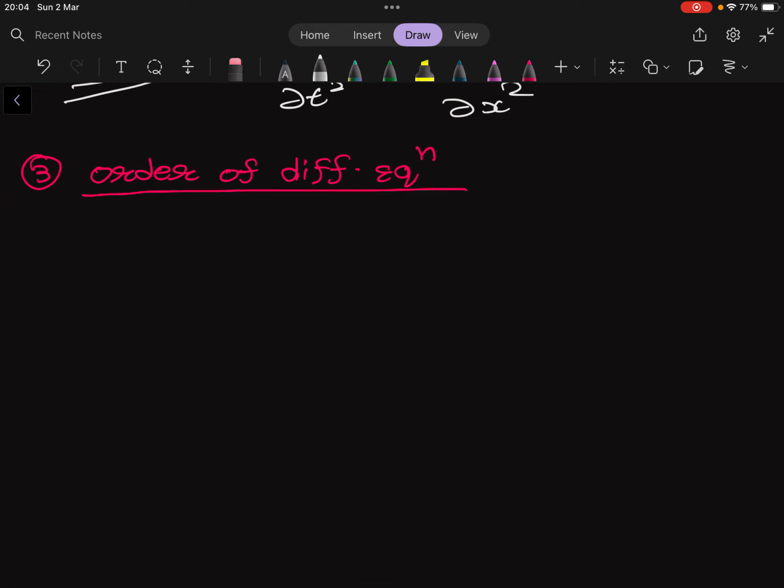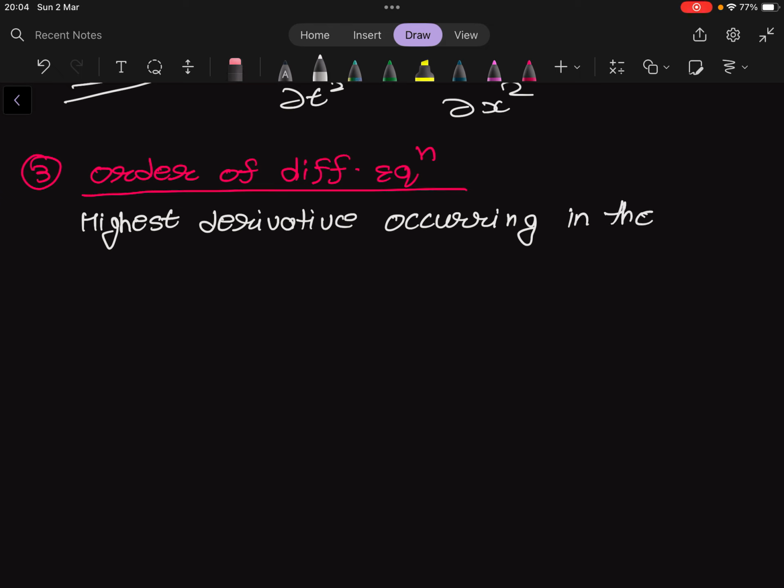We can say the order is the highest order of derivative occurring in the given differential equation. So it's the highest derivative occurring in the given differential equation.